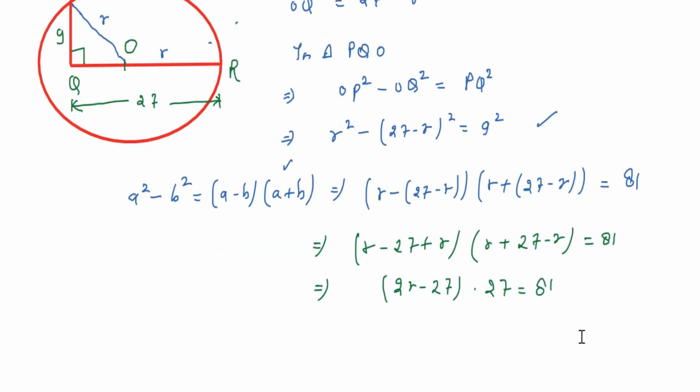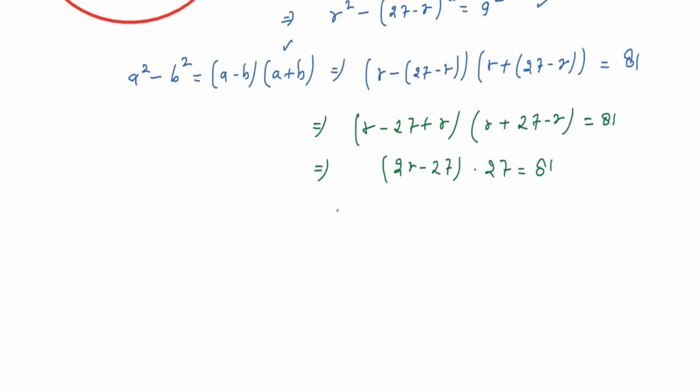Further, we can write 2R minus 27 is equal to 81 divided by 27. After simplifying it, 27 times 3 is 81, so we will have 2R minus 27 is equal to 3.